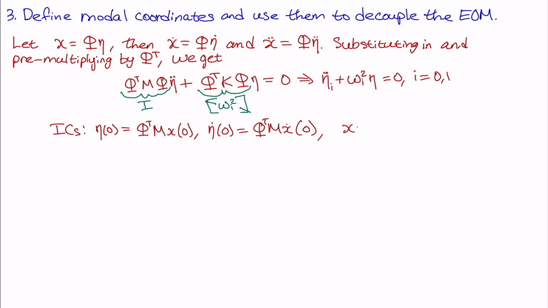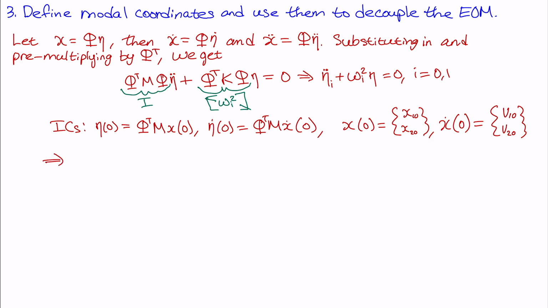And here we're going to say that x of 0 is equal to some constants x10, x20. These are lowercase x's, so they are the initial displacements, not the mode shape. And then we'll do the same thing for x dot of 0, so it'll be a vector of v10 and v20. And those are the initial velocities.